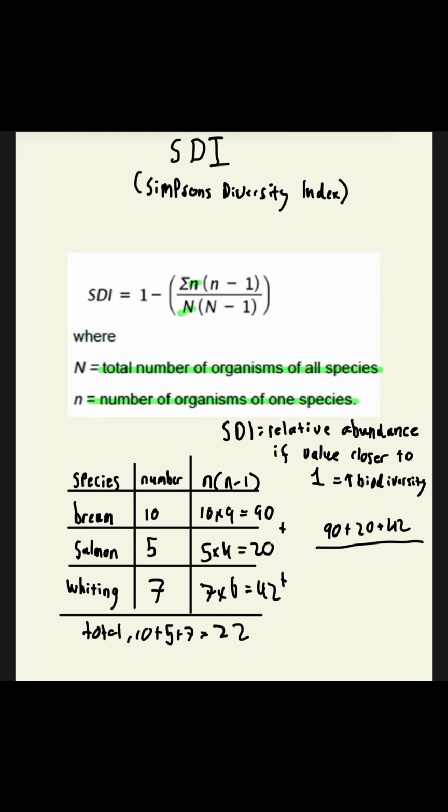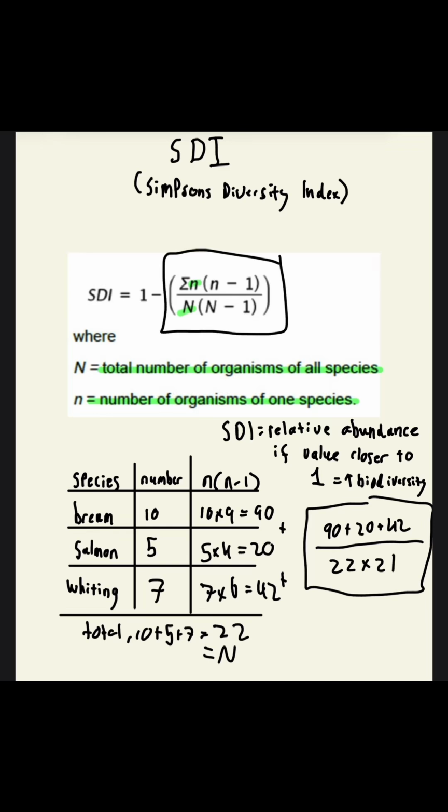That's our total number of organisms, so that's going to be our capital N. Now we do capital N times n minus 1, which is 21. So it's 22 times 21. This is this part of the equation.